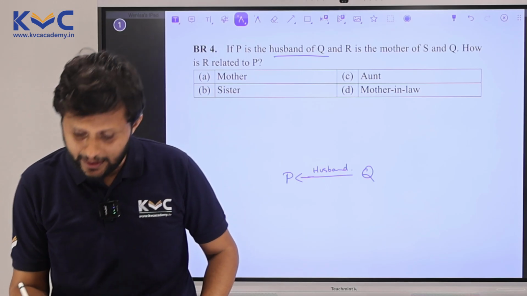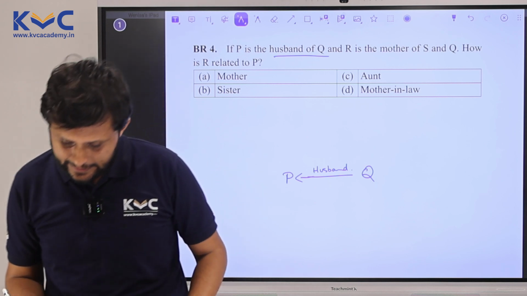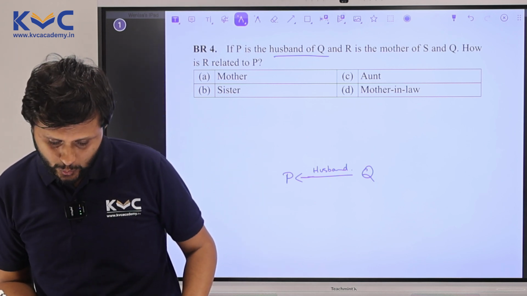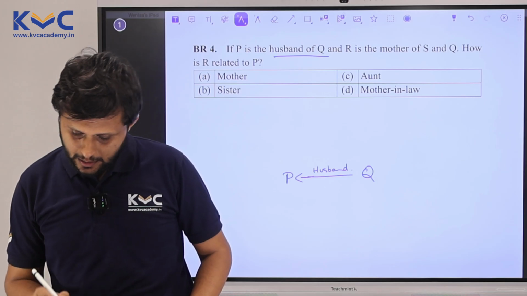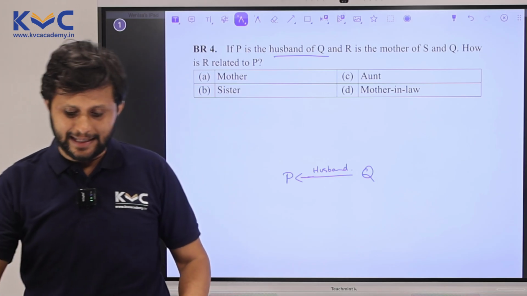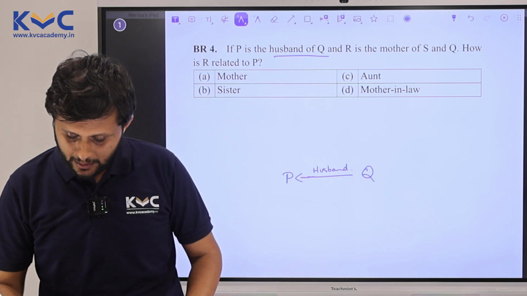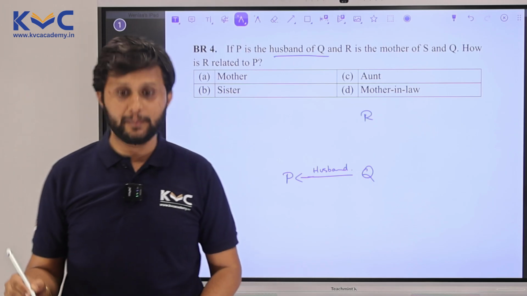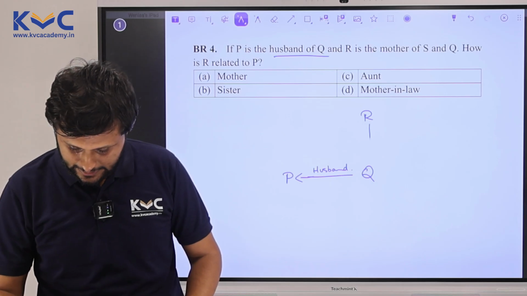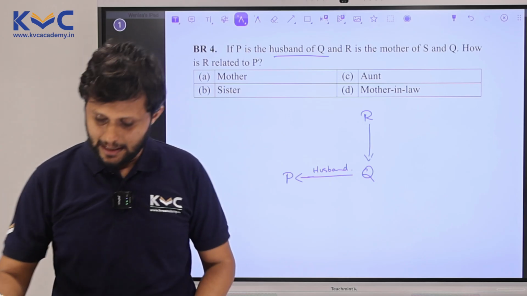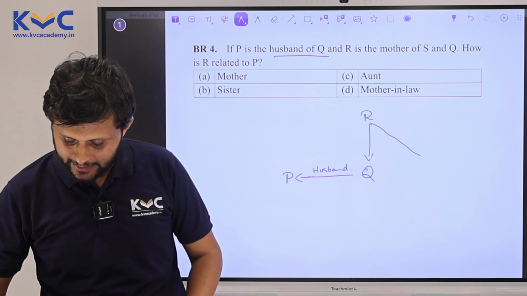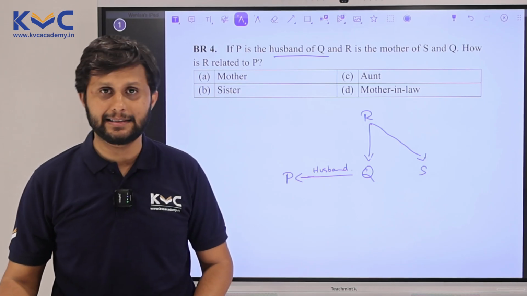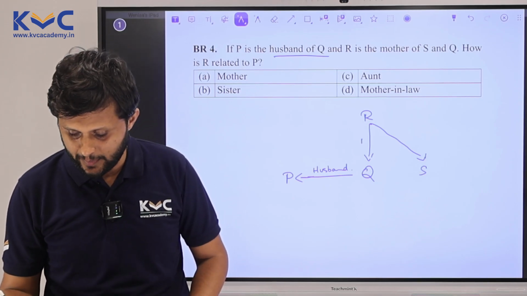So we have finished up till here, and R is mother of S and Q. R is over here, mother of Q is there, and also one more person is there who is S. Now what is the relation over here between both?